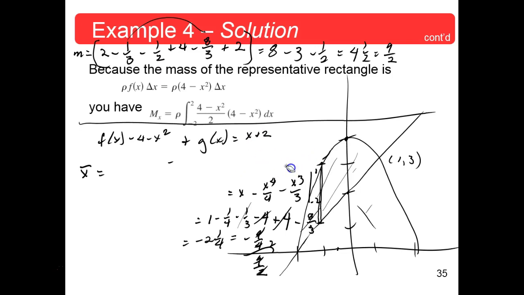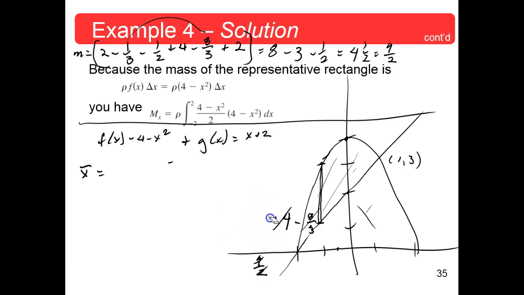I am so hungry. There, I think I finally got it all erased. So x bar is negative 1/2.